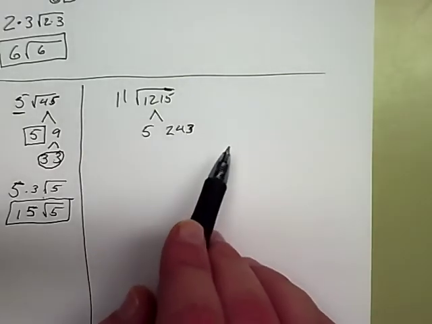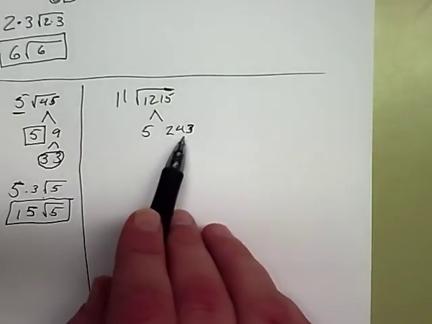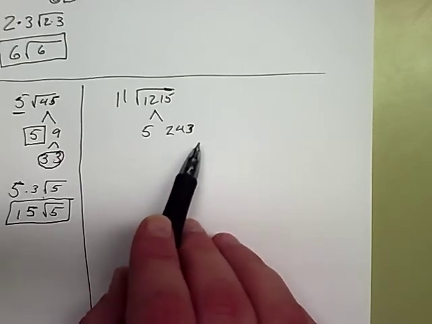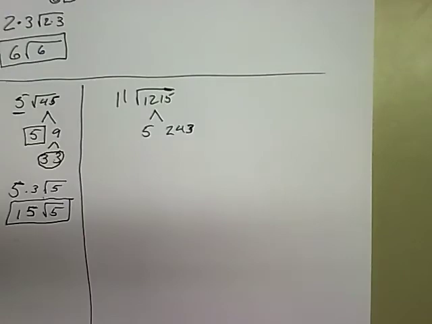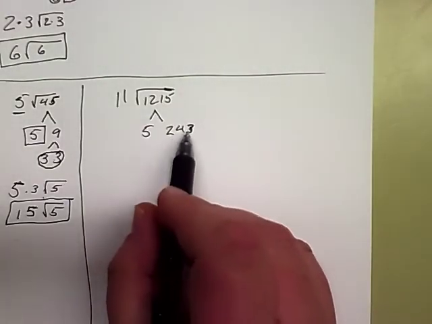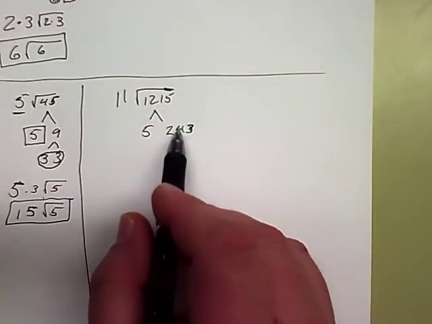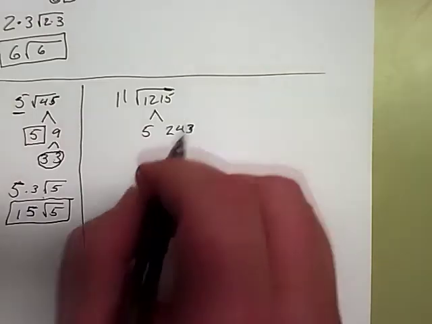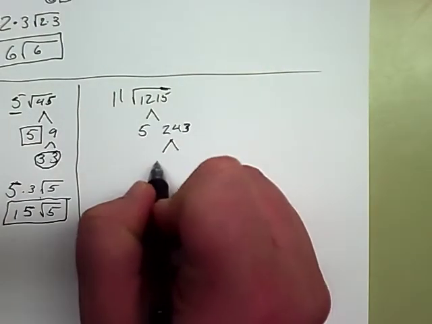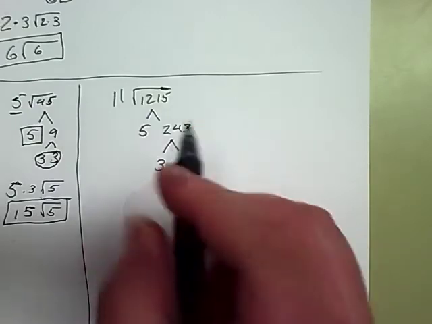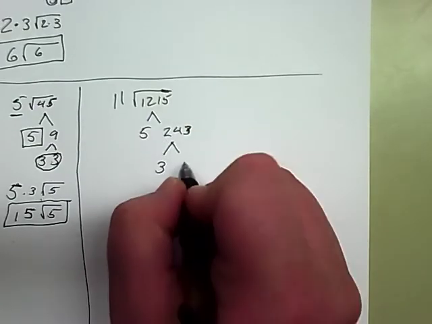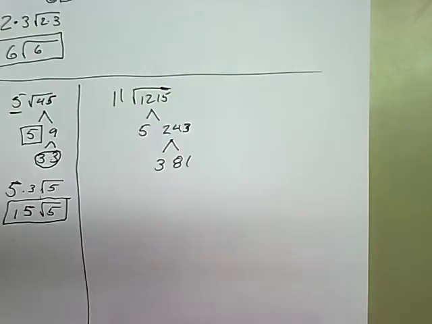Since 9 is divisible by 3, then 243 as well is going to be divisible by 3. That's one of the sweet tricks of factoring. If you add up all the digits and they're divisible by 3, then the number itself is divisible by 3. Super cool thing. So I know it's divisible by 3, and then I plug it in my calculator, and I get 81.